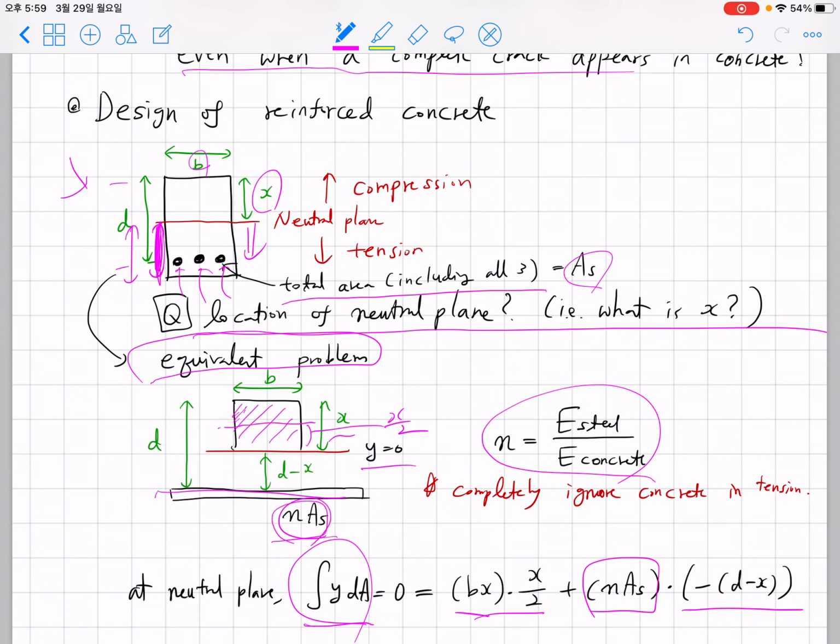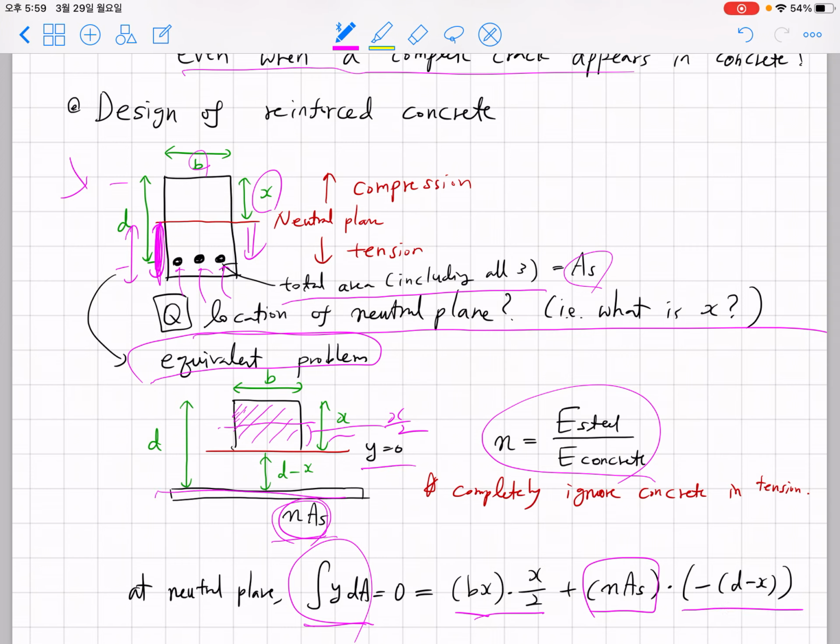With this, we have to satisfy this summation to be 0, because we are looking for the y equals 0 neutral plane position. After massaging this equation, we're going to have a second order equation regarding x, and if we solve this for x, then we can locate the neutral plane location. x is the distance from the top to the neutral plane.